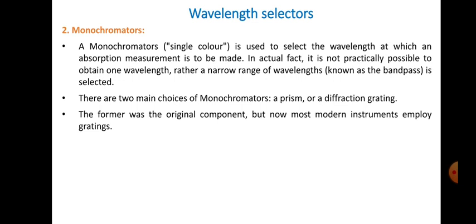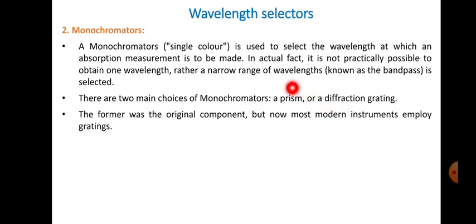So, that is the role of the monochromator, and it is not practically possible to obtain one wavelength, rather a narrow range of wavelength which we consider as a band pass is selected. So, there are two main choices of monochromators, right. Again we have two subtypes of monochromator, prism monochromator and diffraction gratings.